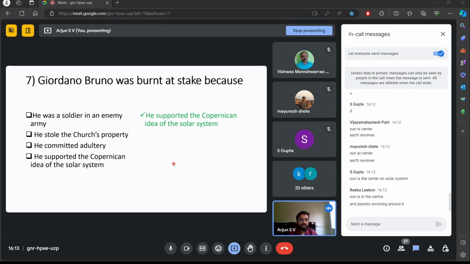But the time at which Giordano Bruno existed was a pretty feudalistic and idealistic society. So when he was in Italy, the Roman people refused to accept his ideas, and they not only did that, they also told the king that there is someone spreading false ideas and false information about God and all those things.